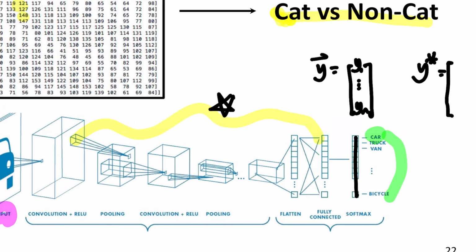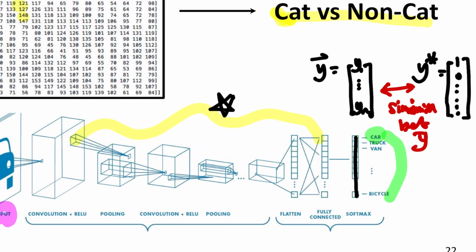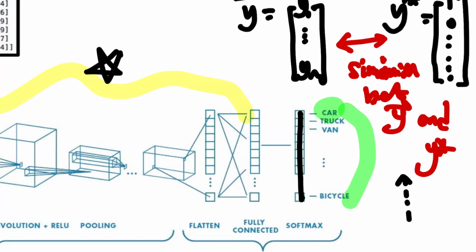To do this, we have to teach the output of this machine y to be equal to the real output, something like 1 0 0 0 0 0 0. So the goal of this image classification is to minimize the difference between the two vectors, y and the ground truth y star, the real y.